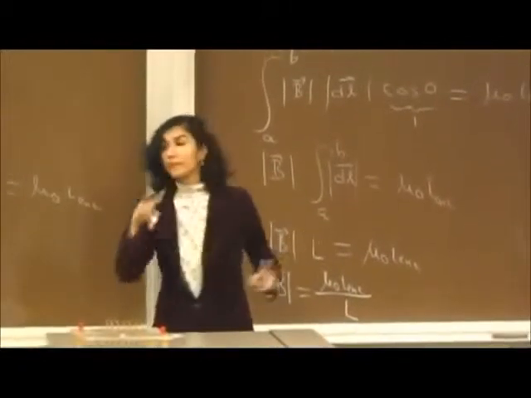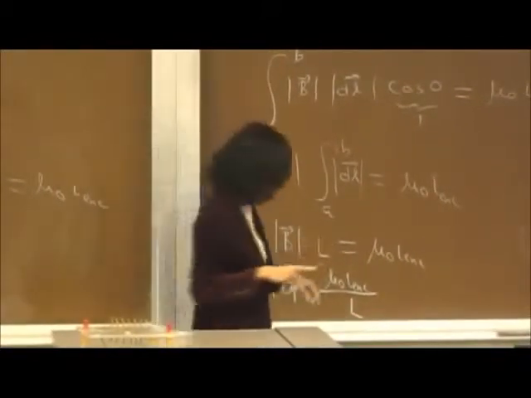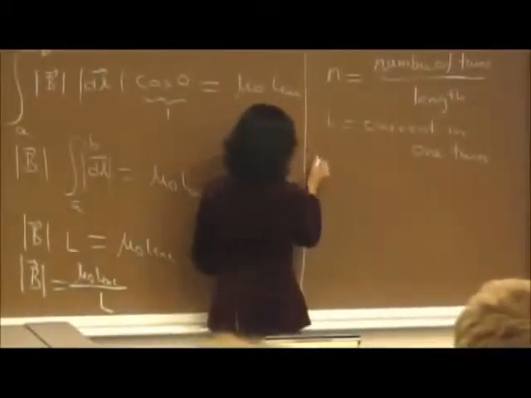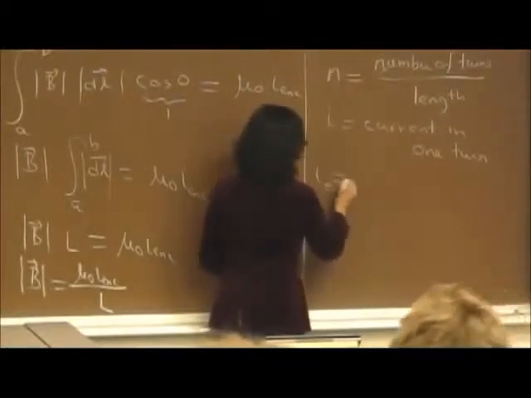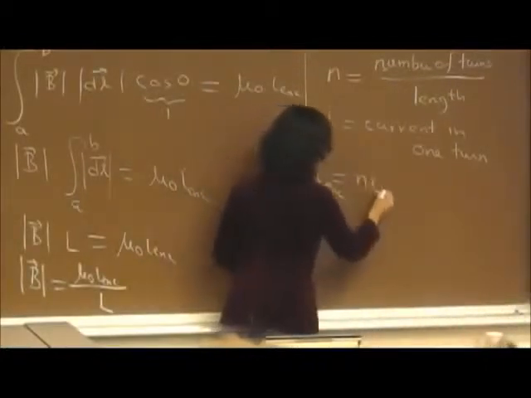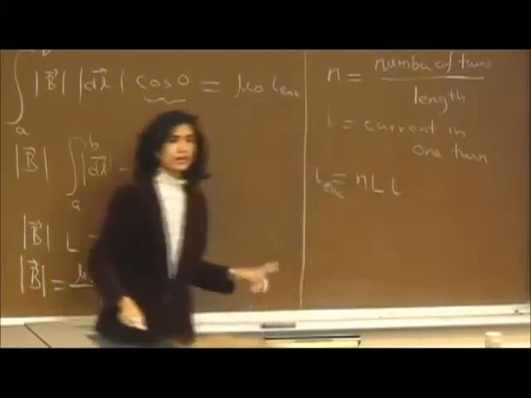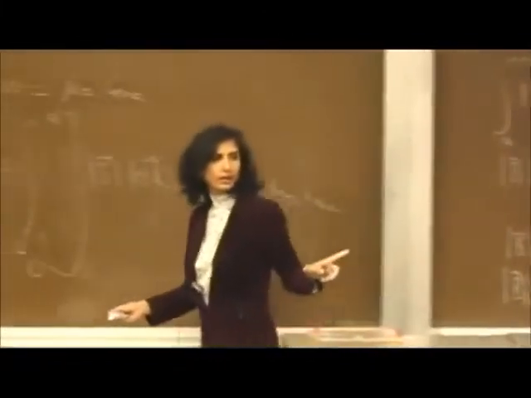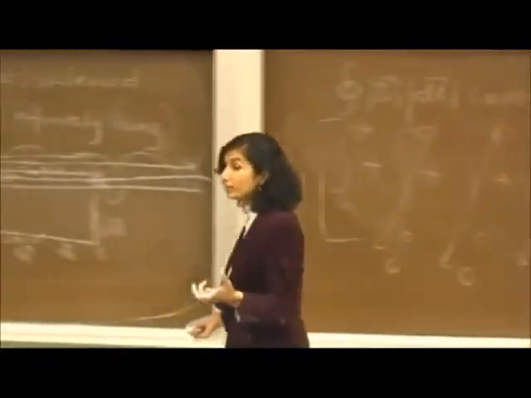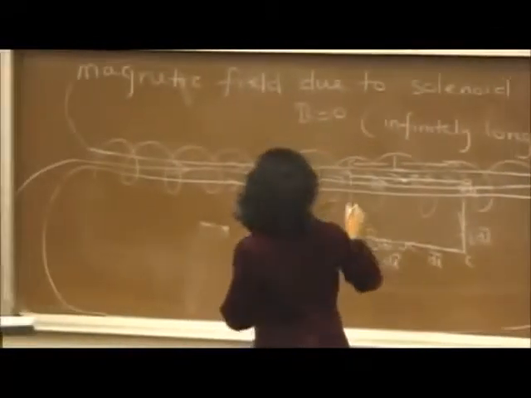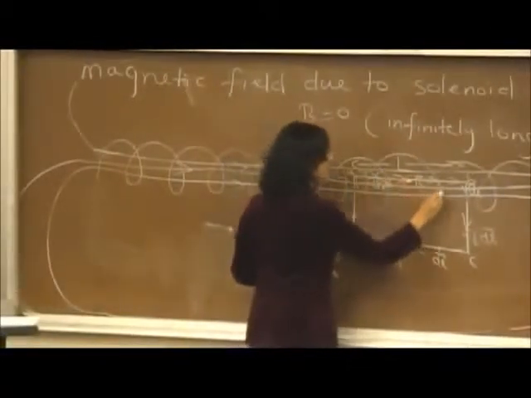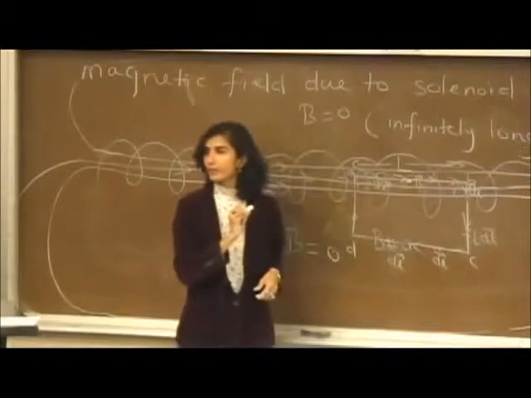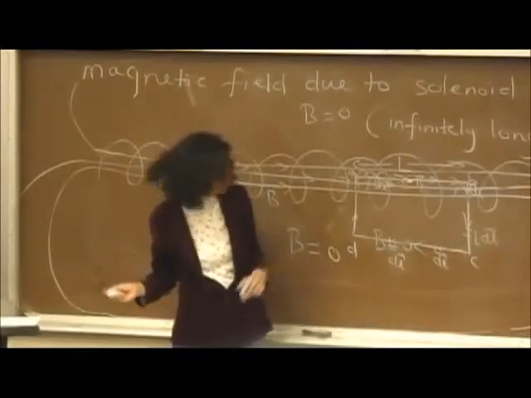Sorry, there is one more thing. L. So the total current enclosed should be equal to n times L times I. Is everybody with me? Because n times L will tell me how many turns of wire there are in this region, and times the current in one turn.